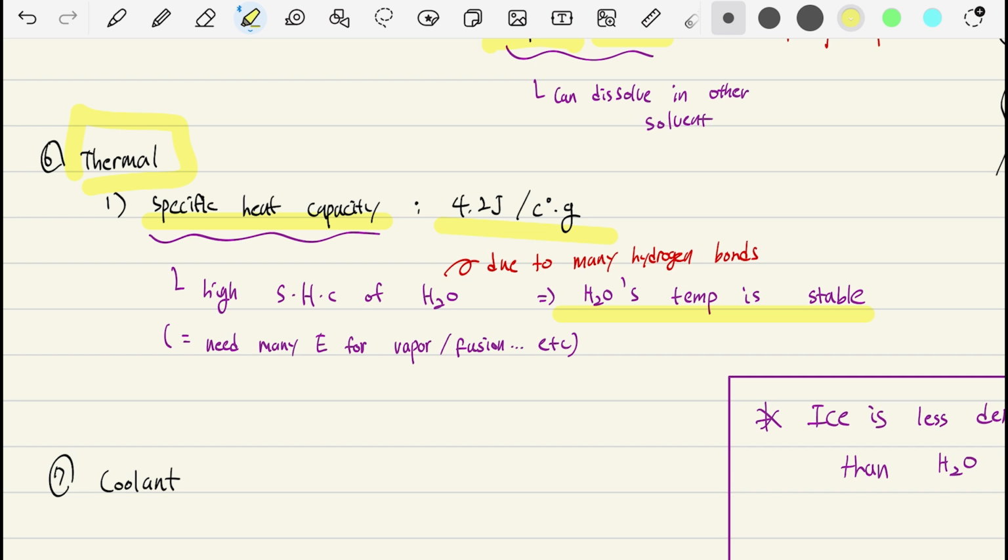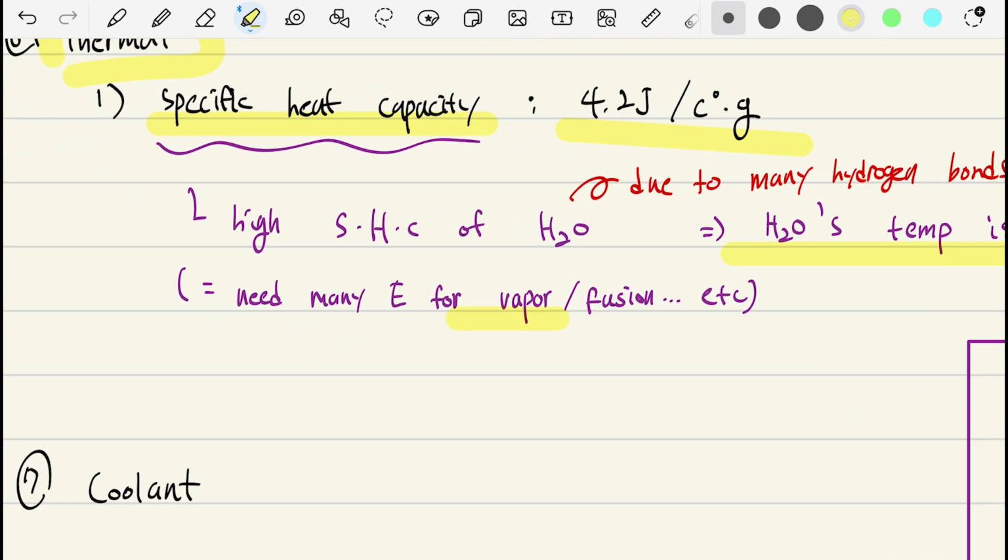This specific heat capacity also causes water to take away or consume a lot of energy when it evaporates or goes through fusion or other things. This is also the reason why when you splash water near you during summer, it makes you feel a little bit cooler, because the water sucks up the energy near you, which also means that it sucks up the heat near you, and that makes you feel cool.